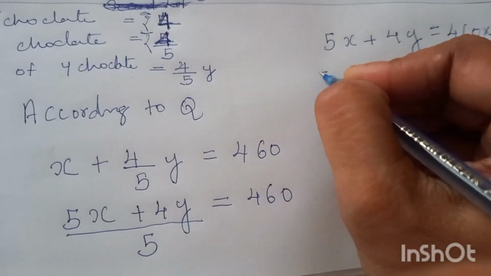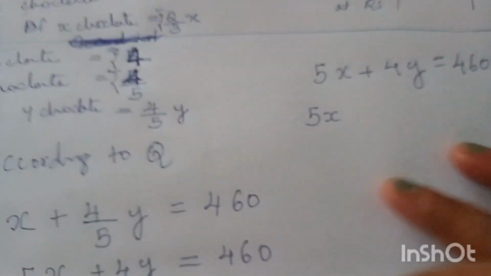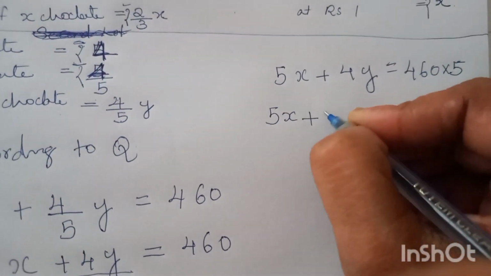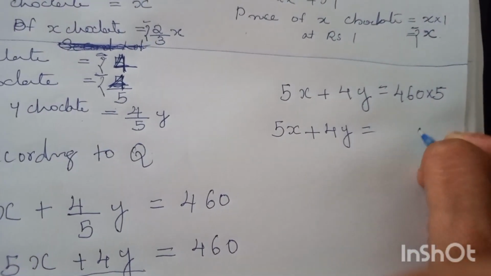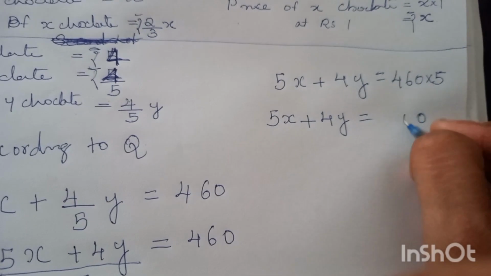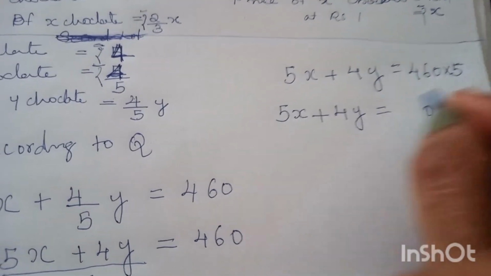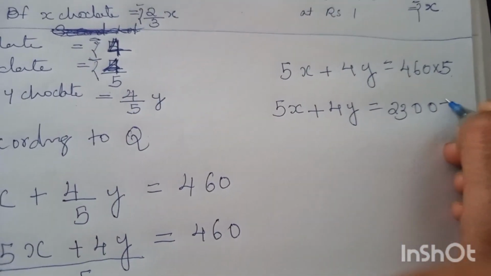So 5X plus 4Y is equal to 2300, since 5 sixes are 30, 5 fours are 20, 20 plus 3 is 23.